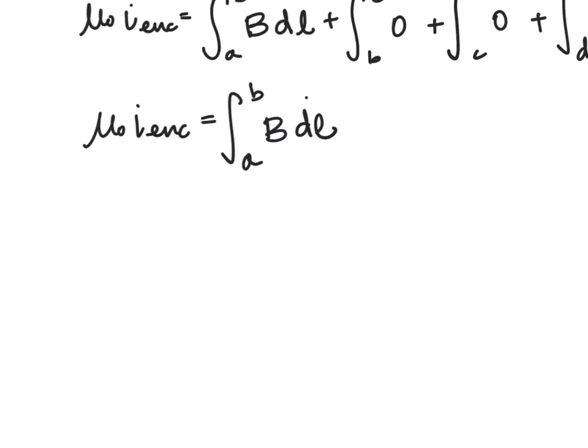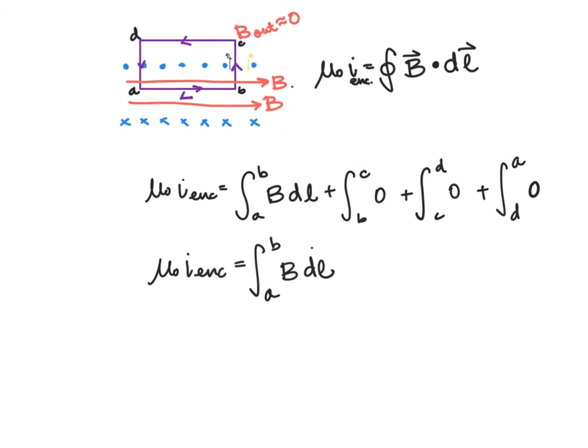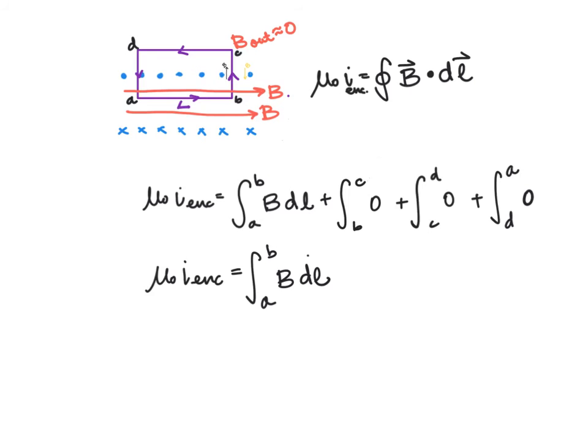So let's look at that in depth here. The current enclosed by this loop is a little different. Since we're only looking at this Amperian loop here that's purple, the current enclosed by this Ampere's loop would be the number of these loops times the current in each one of them.